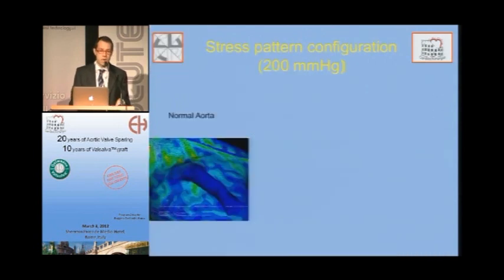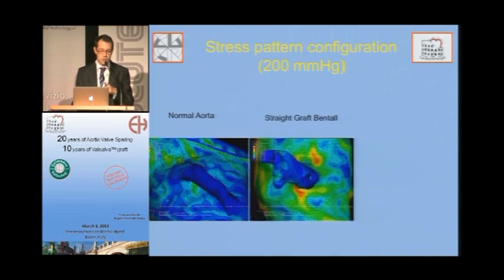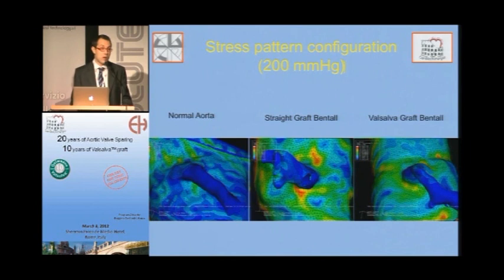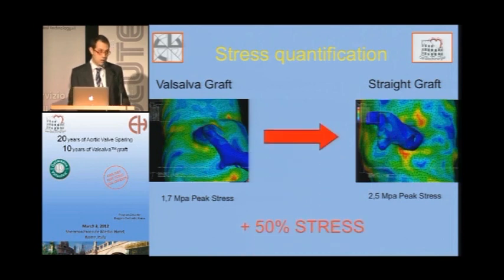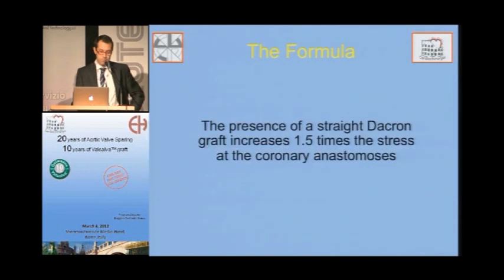And when we use the same pattern of stress, we obtain these images: a normal aorta here, a straight graft Bentall here, and a Valsalva graft Bentall here. It proposes almost the same as predicted by the CAD model. Here is 1.7 megapascal against 2.5 megapascal, which is, again, roughly 50% more stress.